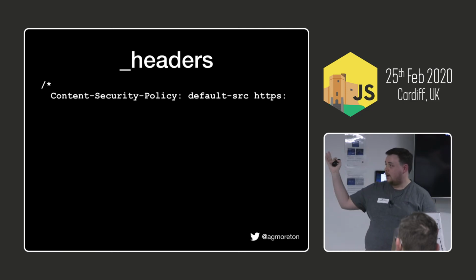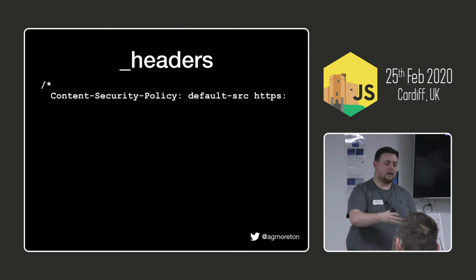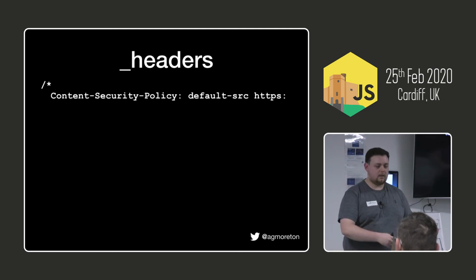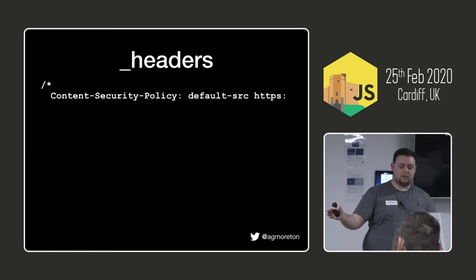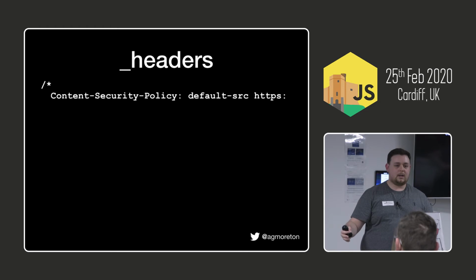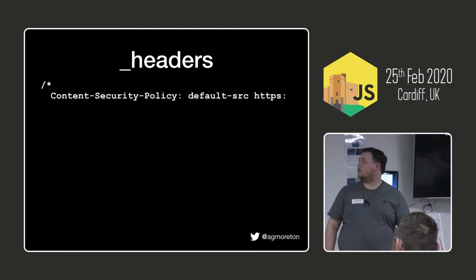I just say, on every single route, I want you to send this content security policy header back, and the value is default source HTTPS. So anything I'm going to load, I'm going to load over HTTPS. That's all I care about. So great, push it straight to master.